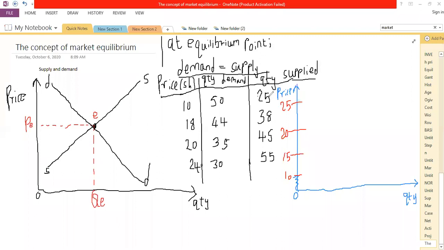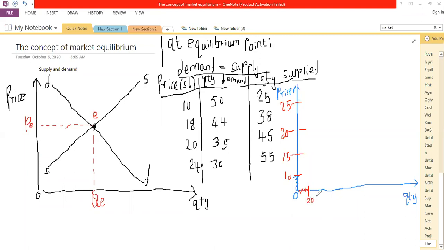On the quantity, the smallest amount, both the demand and supply, the lowest quantity is at 25 units. Again, you can allow for a small difference before you choose your scale. You can start at around 20 or even 25, it's okay.